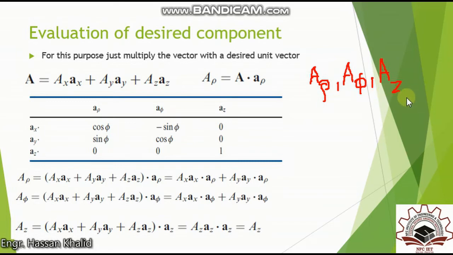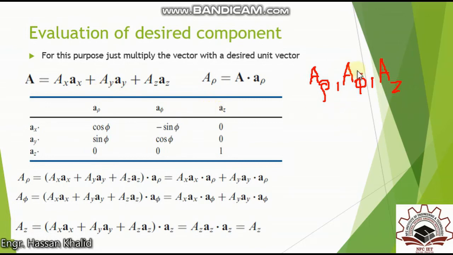You can simply do that by multiplying this vector by the unit vector in the desired direction. For example, to find the a rho component in the direction of rho, you multiply this vector with the unit vector in the direction of rho. The same thing will be applied to the other components as well.